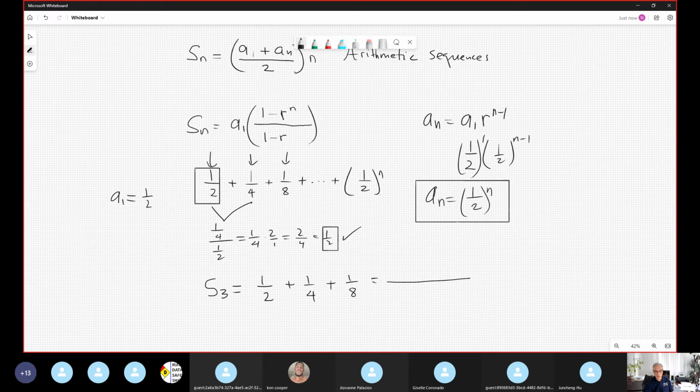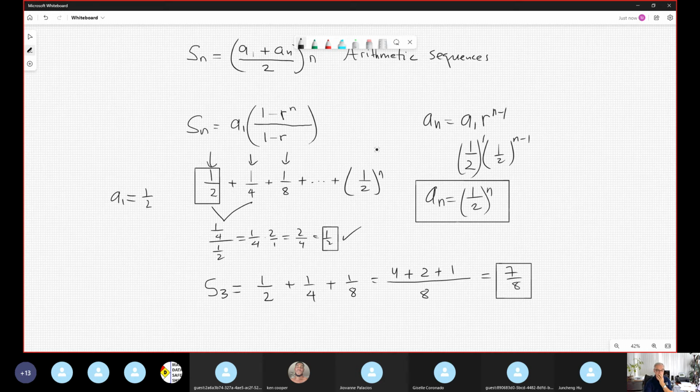Well, the least common denominator is obvious, it is 8. 8 divided by 2 is 4, times 1 is 4. 8 divided by 4 is 2, times 1 is 2, and 8 divided by 8 is 1, times 1 is 1. This is 4 plus 2 plus 1, 7 over 8. So 7 over 8. I did it by hand.